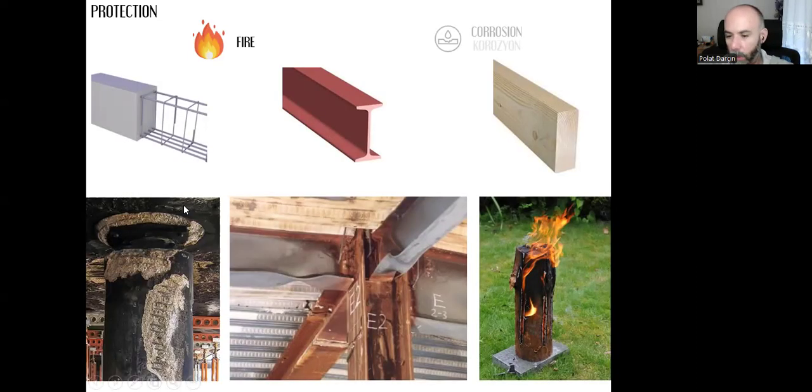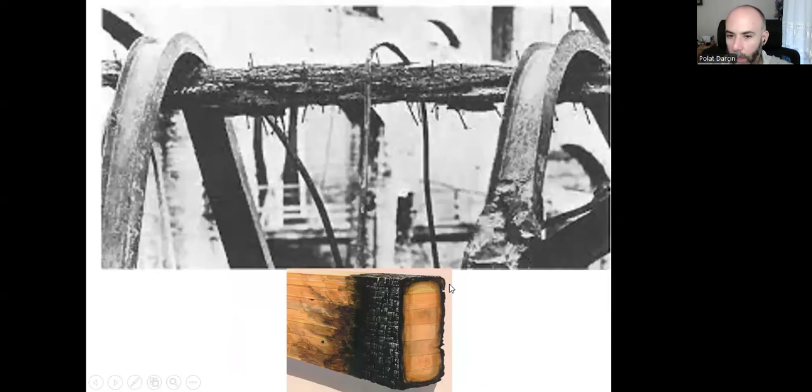And the best one against fire damage is the timber here, because as the outer surface of the timber components gets burned, this thickness of charcoal layer prevents it from continuing to burn. So it works like a heat insulation. It stops the heat reaching into the inner layers of the component.